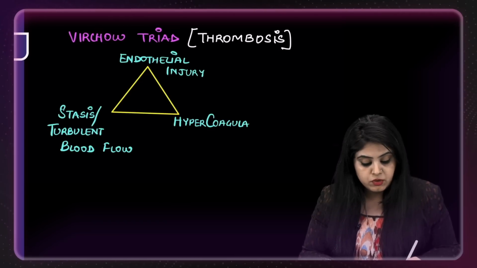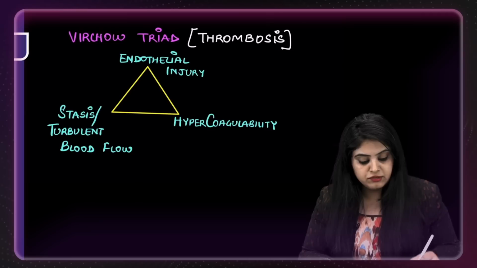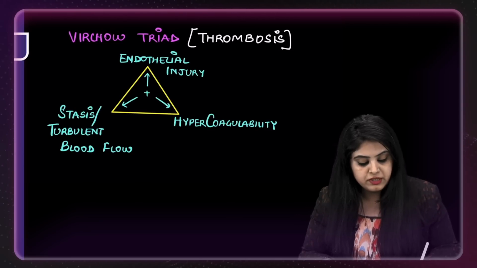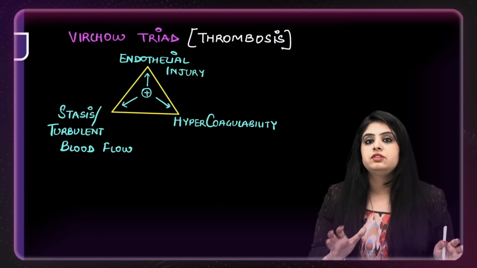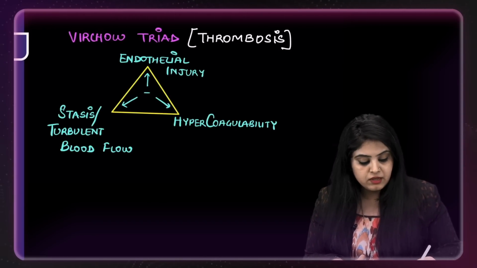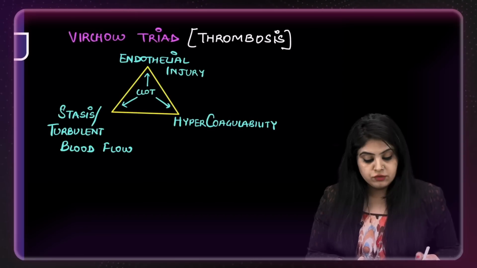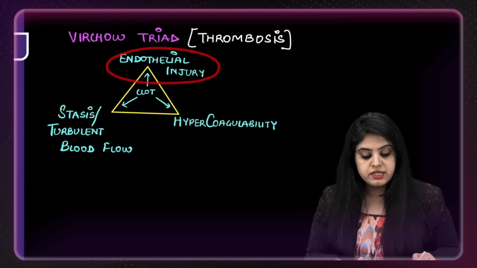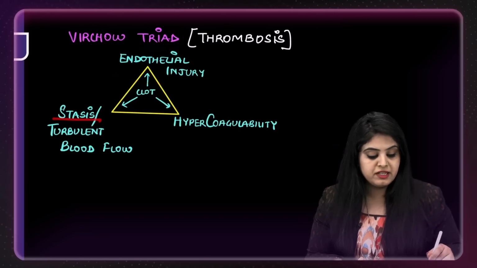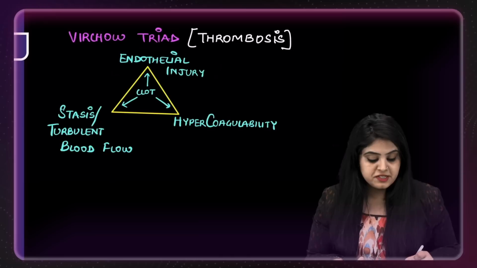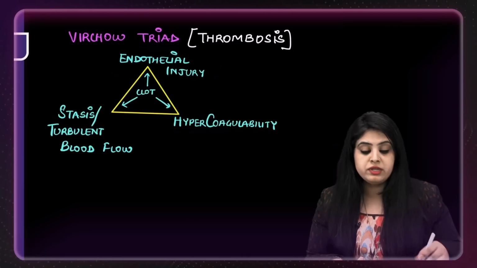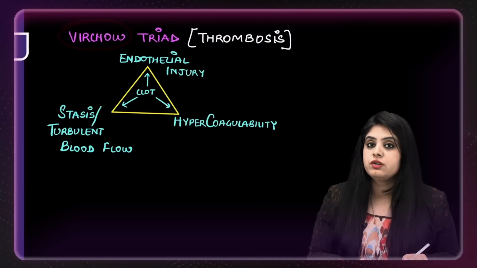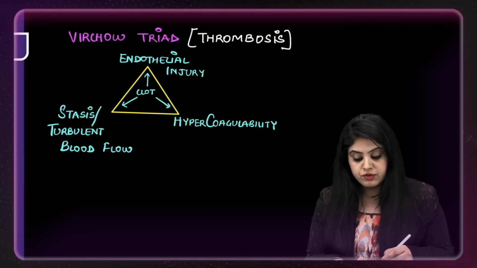So basically, Virchow's triad says that when all these three things or a combination of these three things occur, that is when a patient is going to have a clot or a thrombus formation. So remember, most important endothelial injury, either the blood supply is very slow or very fast, and hypercoagulability. Who gave you this triad? Sir Rudolf Virchow gave us this triad. These are all his contributions.